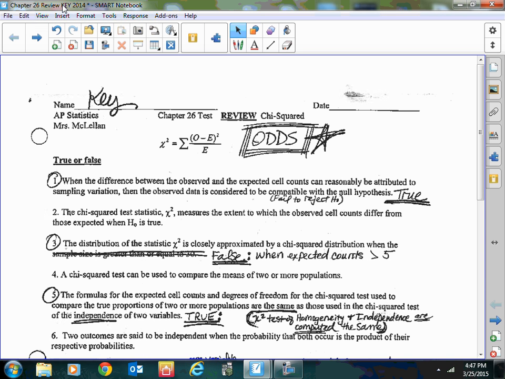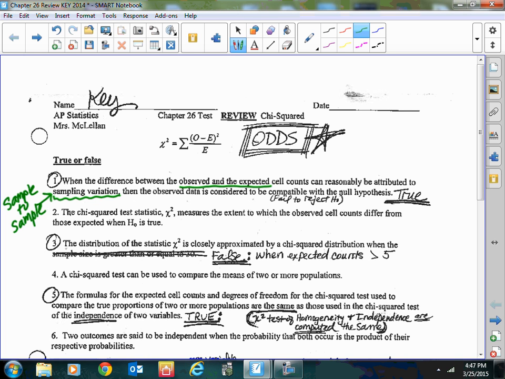Number 1: when the difference between observed and expected sales, so what you found versus what was supposed to happen, can reasonably be attributed to sampling variation. That means it's happening just because from sample to sample, things happen to be a little bit different.